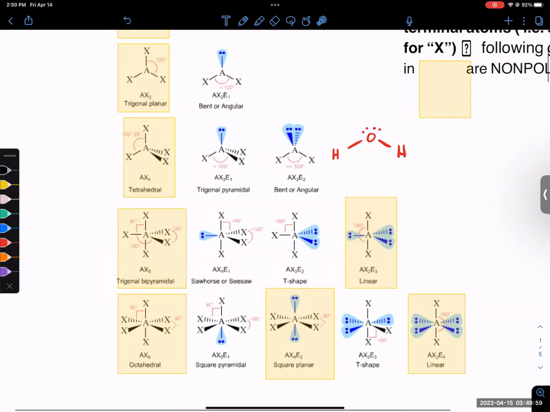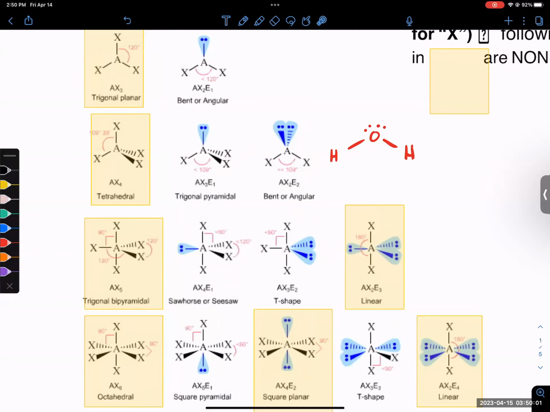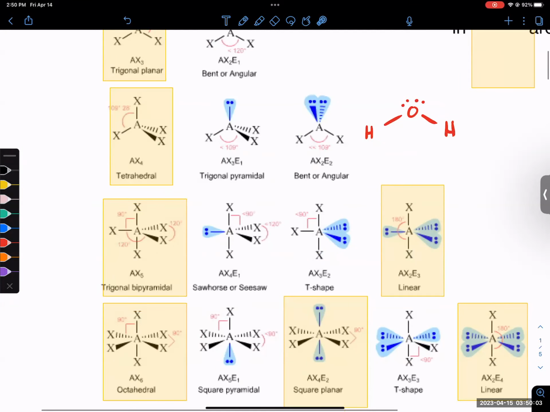So let's look at this one here. We call these axial, we call these equatorial atoms. So the ones that are like this are equatorial, and these 2 are axial.